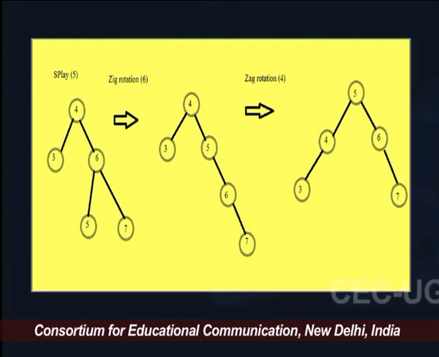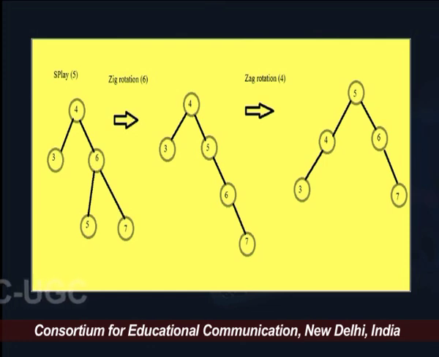Here, the tree which is available on the left side of the screen has 4 as the root, with 3 and 6 as its left and right child, and 5 and 7 as the left and right child of 6 respectively. Now, if we are going to Splay 5, we are going to perform a zigzag rotation. When we perform the zig rotation on this, we get the tree shown in the middle, in which 3 is the left child of 4.